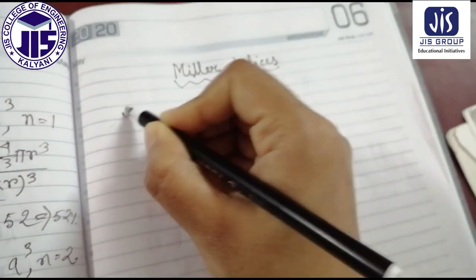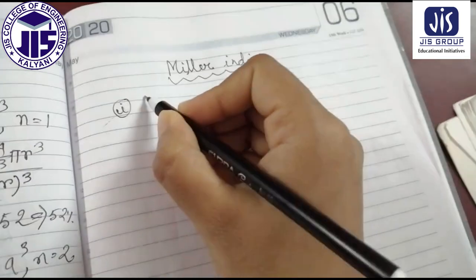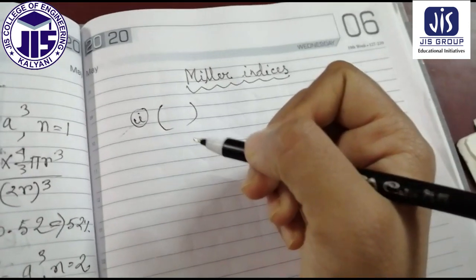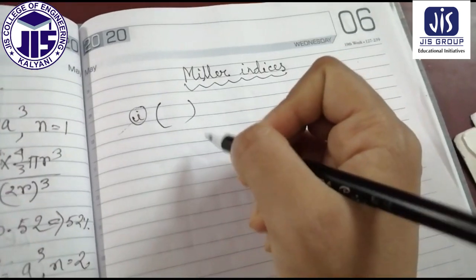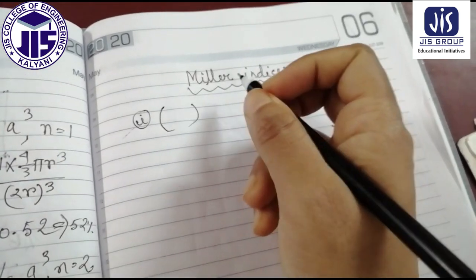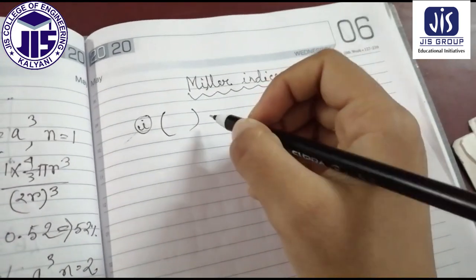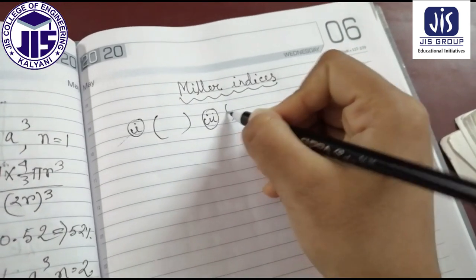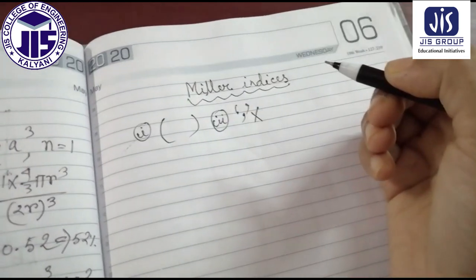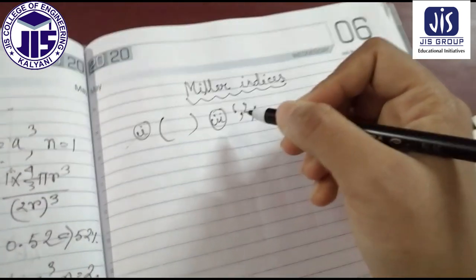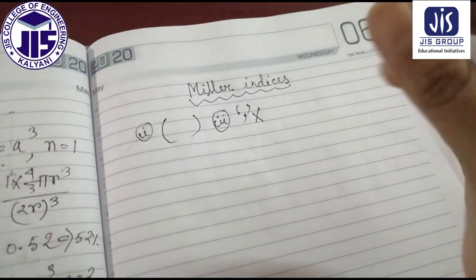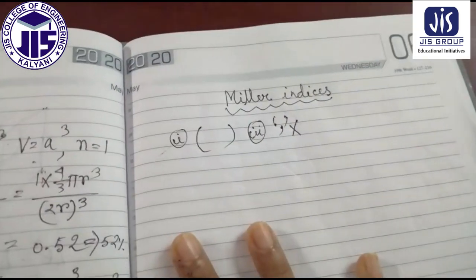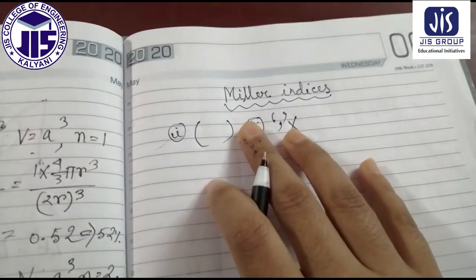The first one is, it will be written in first brackets. So if you write it in second or third brackets, then it will not give us Miller indices. The second point is, there will be no comma between them. If you use any comma, then it will actually give us some other physical quantity. So that will not give us the Miller indices.